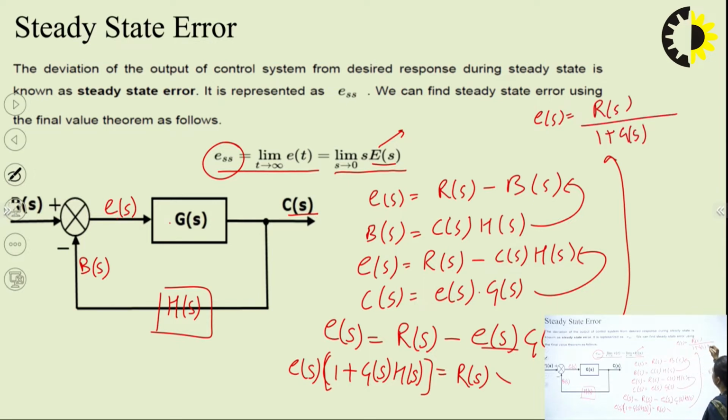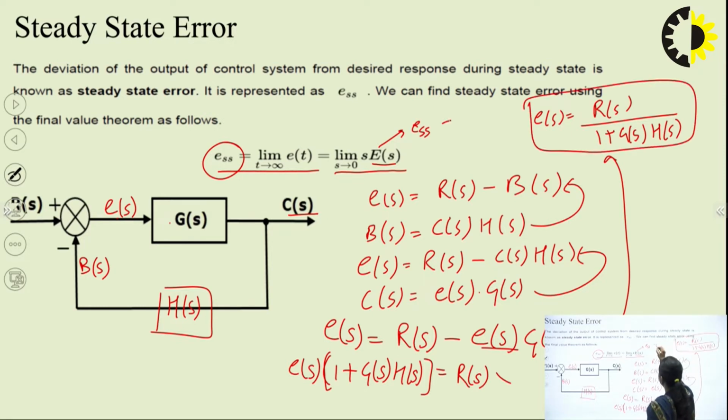This E(s) is the error signal. When I put the value of E(s) in this equation, I get the steady state error as limit s tends to 0 s into R(s) upon 1 plus G(s) into H(s).